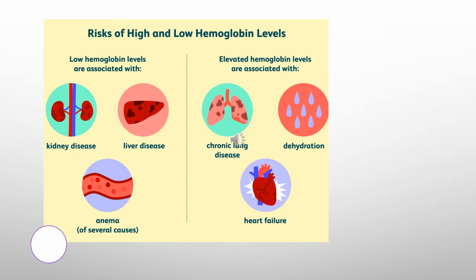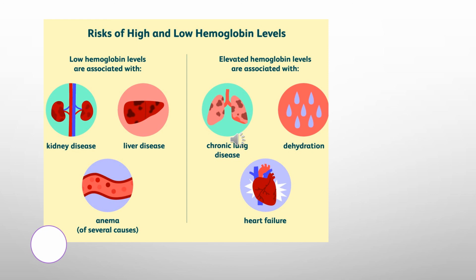Similarly, if the hemoglobin level is more than the normal range, then also it will have a side effect on the body of that person. That person may have chronic, severe lung disease. That person may have chances of dehydration, and the biggest risk is that the person will have heart failure.